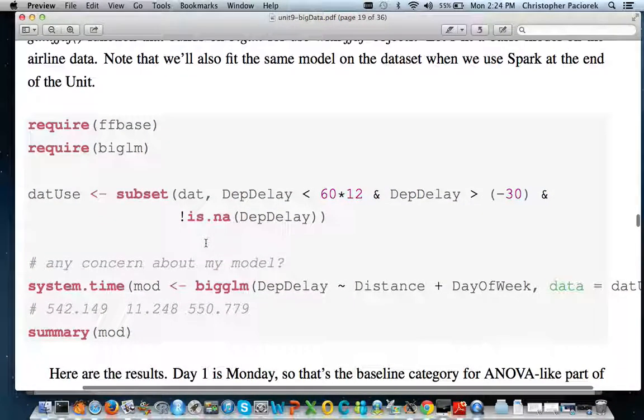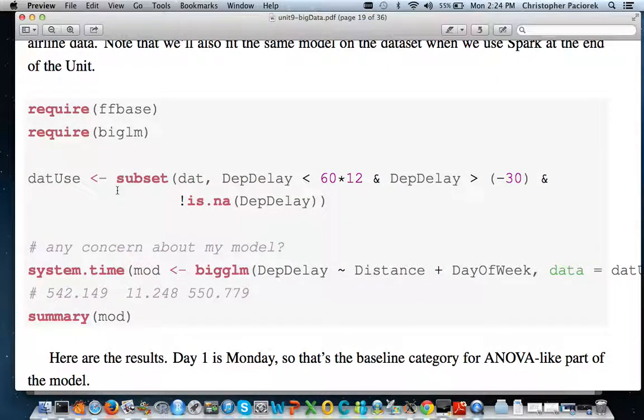Okay, so what I'm going to do here is load that in, and then I just did a subset where I said, okay, this is not going to be one of the world's greatest, most justified regression models, but just for the sake of illustration, include only the elements of the data set where the departure delay is less than 12 hours and larger than minus 30 minutes.